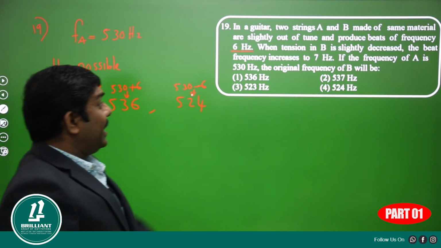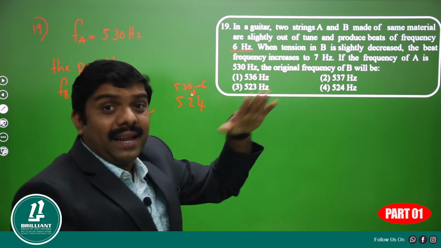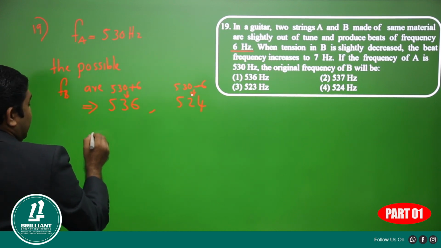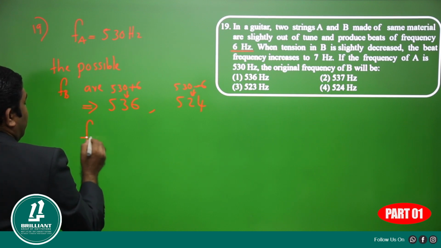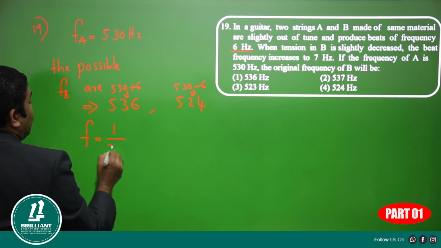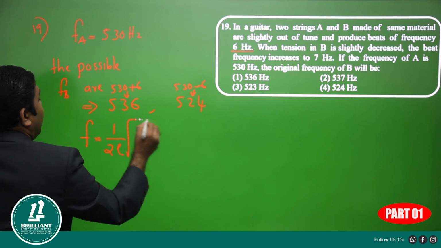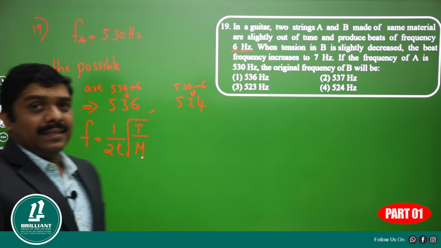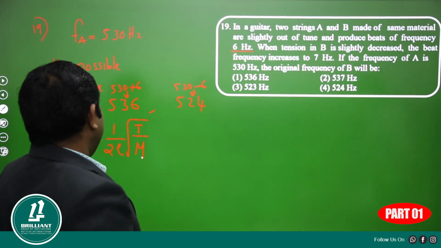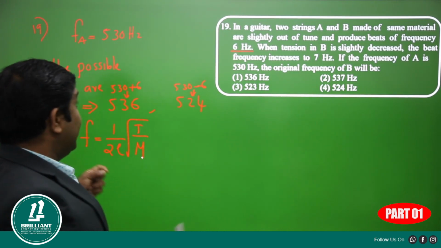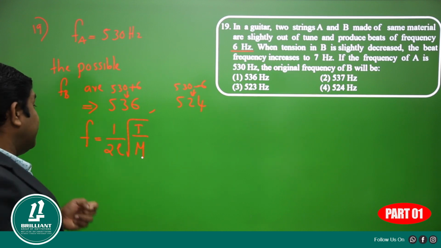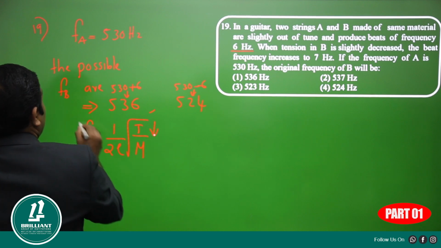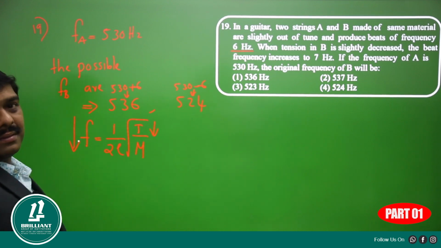Now what are they doing? Tension in B is slightly decreased. You know the equation for frequency that we studied: frequency is equal to 1 by 2L root T by mu. This is the frequency in a stretched string. Here, tension reduced means frequency also decreases.